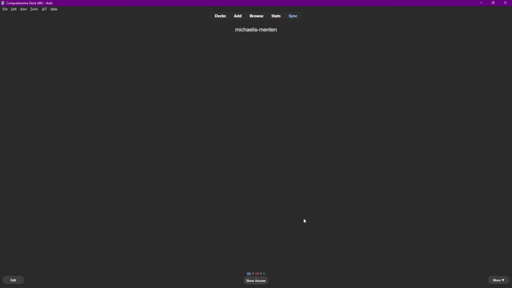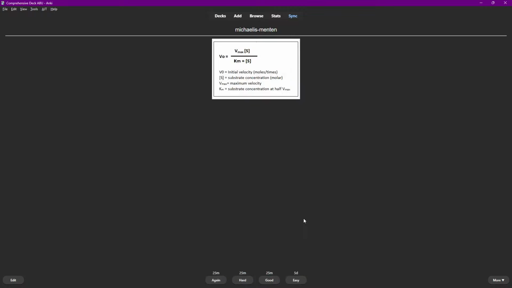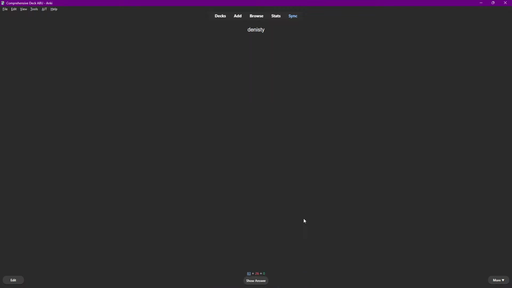Michaelis-Menten? Okay. I can do that equation. V initial is equal to V max times substrate divided by Km plus substrate. You can do that one. I know my biochemistry. Density is equal to mass divided by volume.